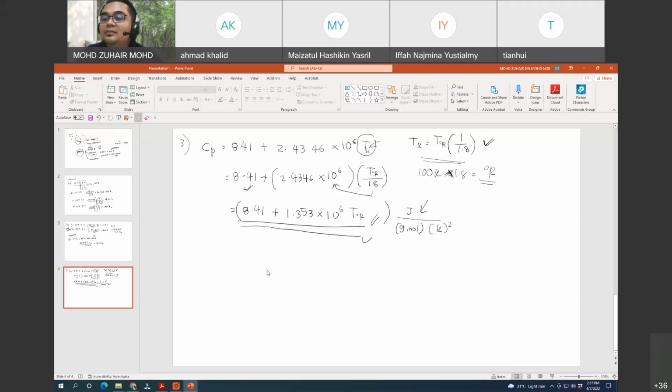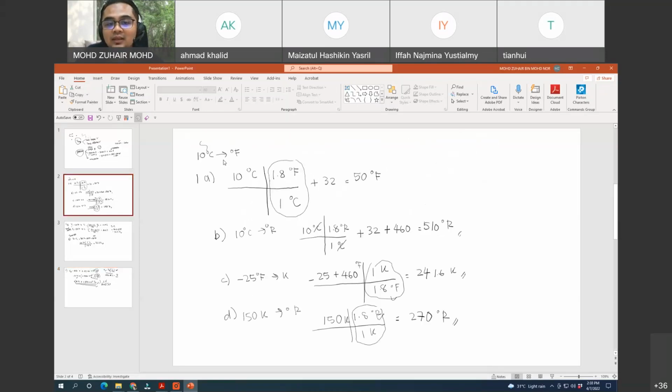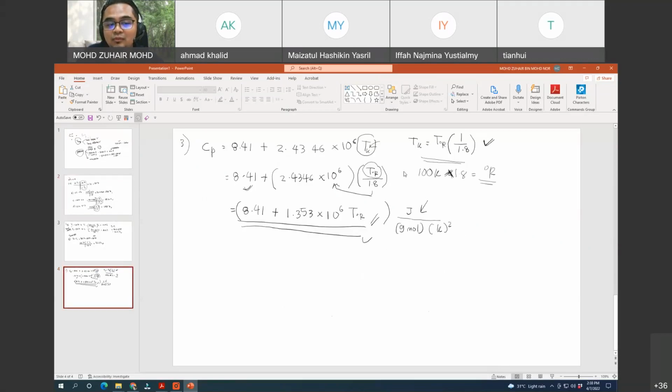But for this one, what we want is to have the degree of Rankine temperature as the subject here. It's not straightforward like the ones that we solved in the first part, 1.1a, 1b, 1c, and 1d. For this one, we want to have T Rankine as the subject.